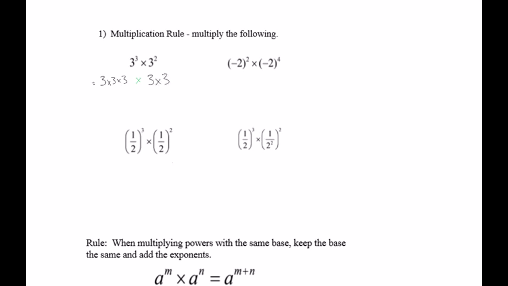And if you look at this, we end up with the following answer. You look at how many 3's there are, and we write 3 as our base, and we're raising it to the power of 5, because there are exactly 5 3's there.